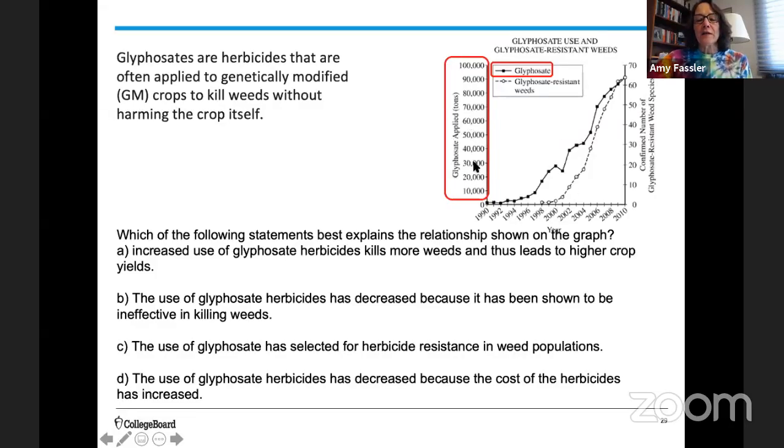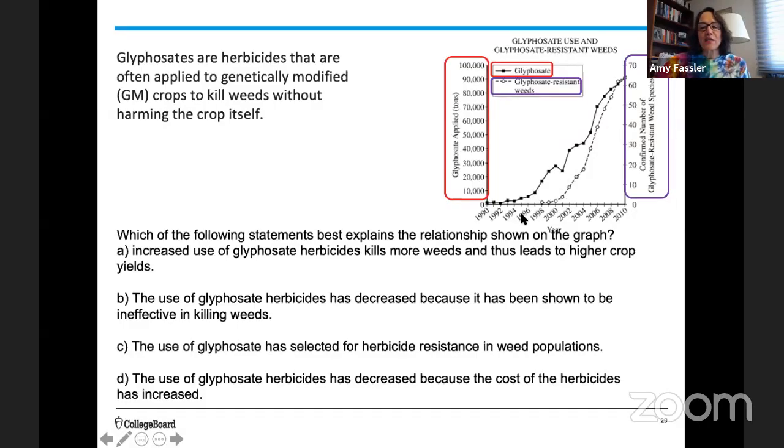I have the amount of glyphosate applied in tons, and that's the solid line. And the other axis is the confirmed number of glyphosate resistant weed species. Oh, that's something we haven't talked about yet. We know that plants and animals can develop a resistance. So that's this dotted line right here.